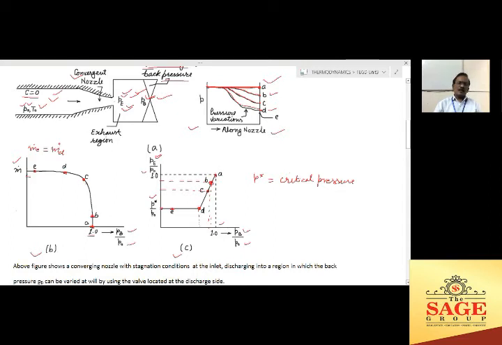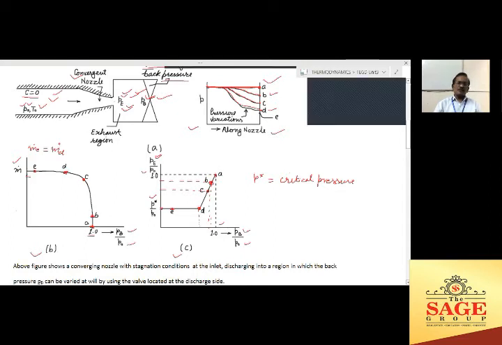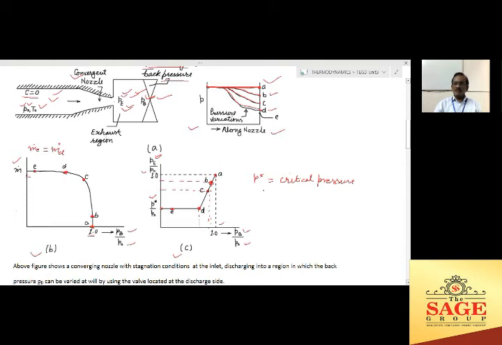At a certain value of the pressure, called the critical pressure, denoted by P star, we get the maximum mass flow rate m dot. Beyond this, if we further decrease the back pressure, there will be no increase in mass flow rate. That is the critical condition. This we have seen in the case of the convergent nozzle.